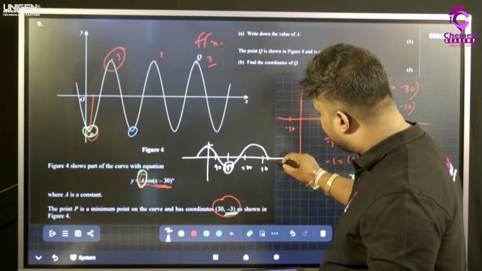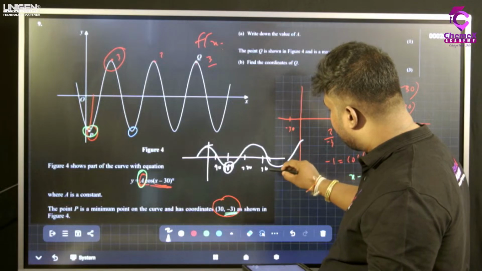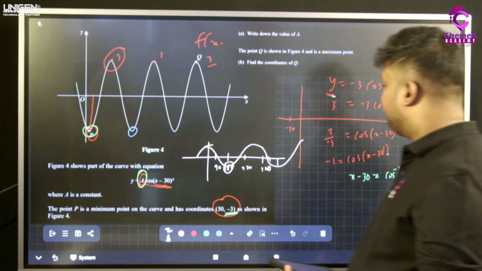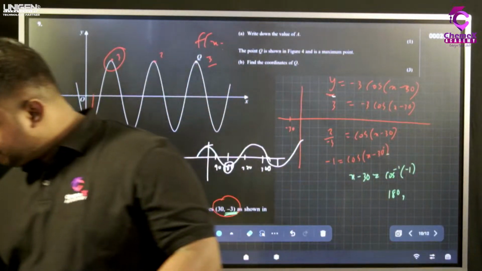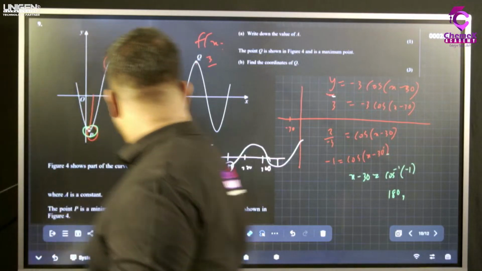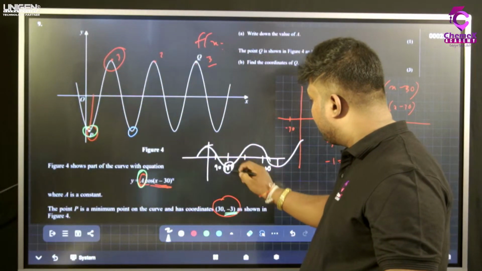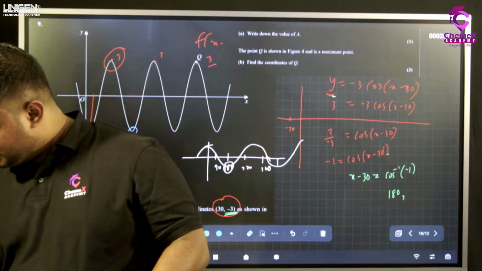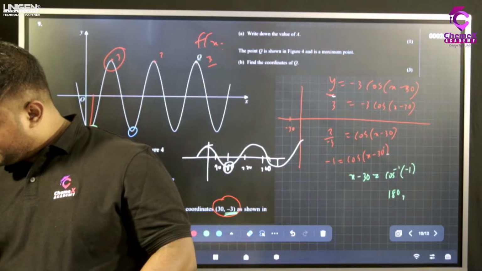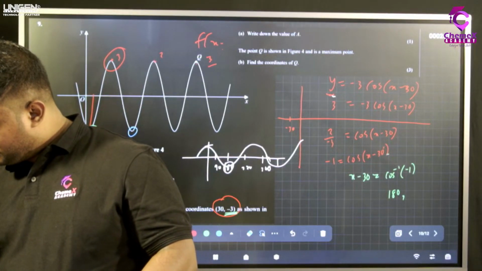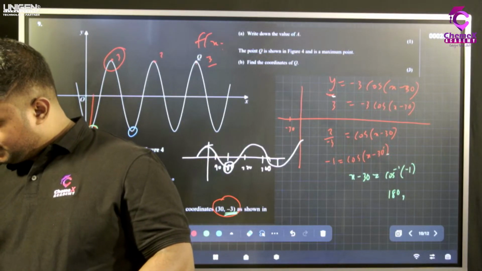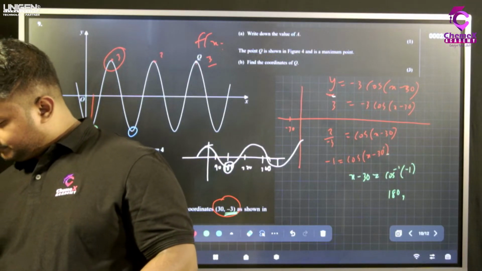Second from where? 270. Cos 180, you know, cos 180 is minus 1. Cos 270 is not minus 1, it's 0. Cos 360 is 1.